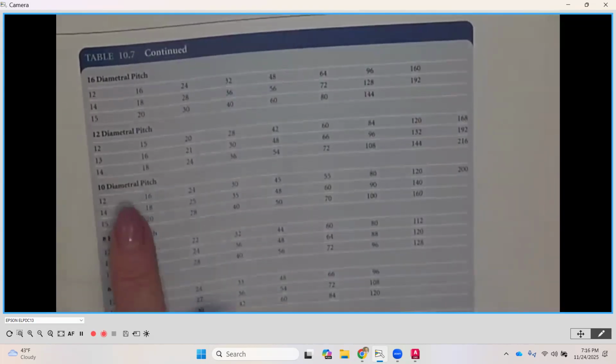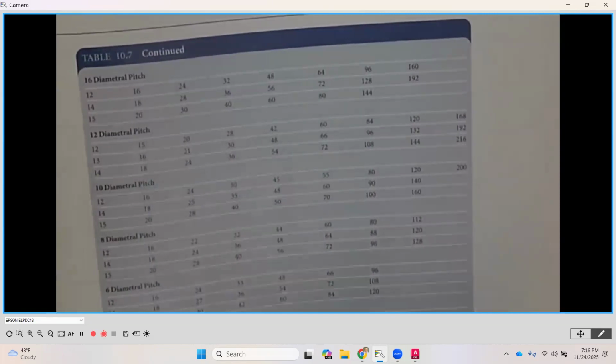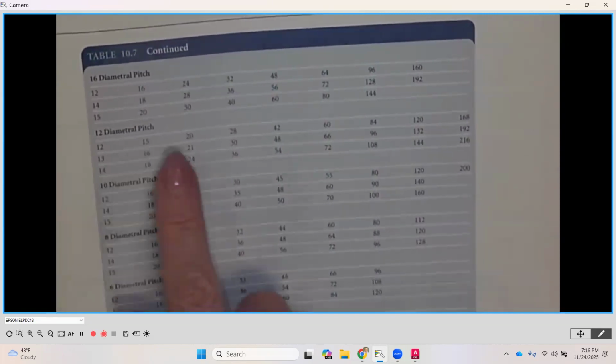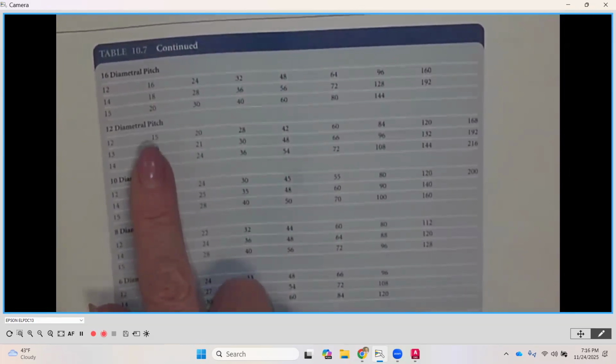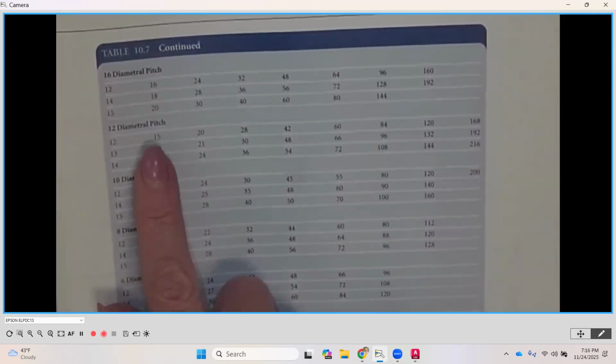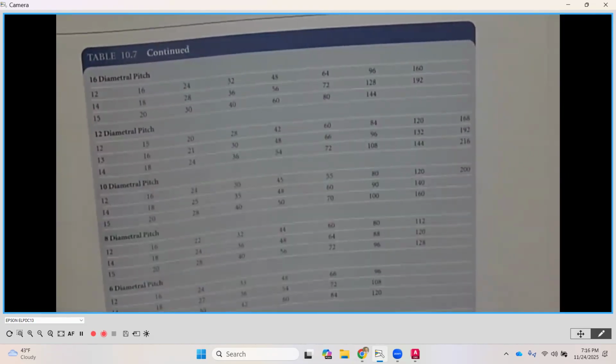Some manufacturers might have more gears that they create in this product line, but they have to make these. If they say they're making a diametral pitch of 12, then a diametral pitch of 12 from another manufacturer is going to make these same numbers as well.